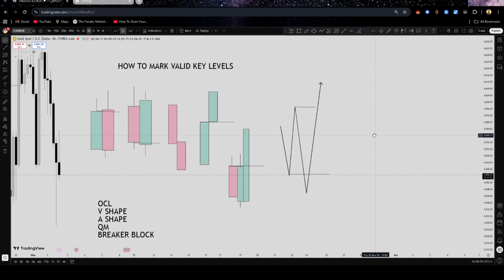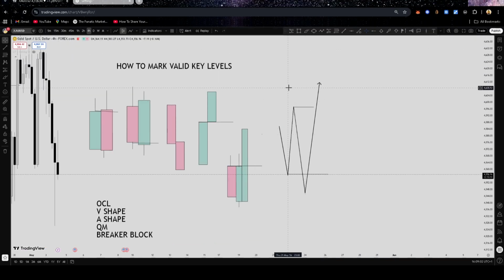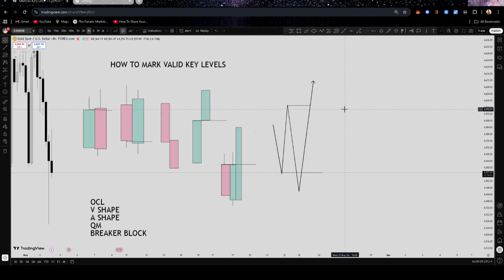Also, there is something when you want to mark a key level. For example, let's say you have a break of structure on the 4 hours time frame. After you have a break of structure, another way to filter, because you will see key levels around here, around here, around here. Now, how are you going to choose the right key level?